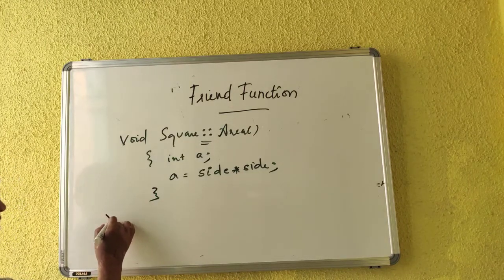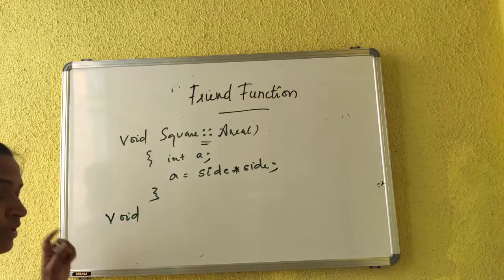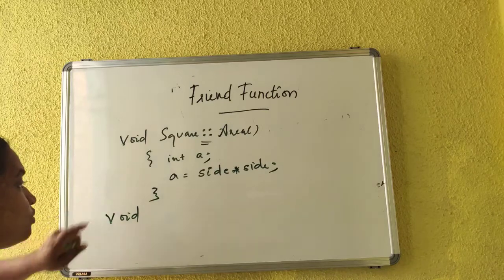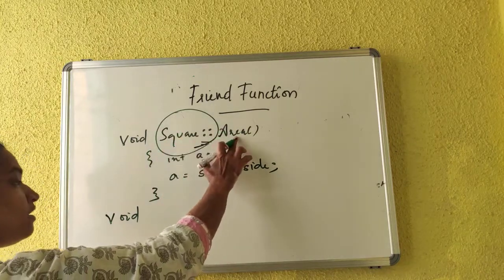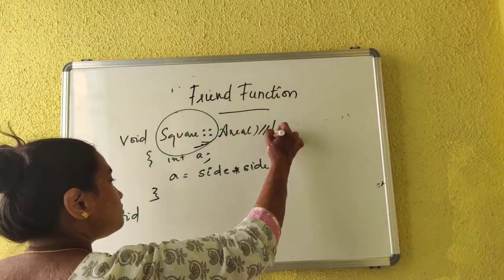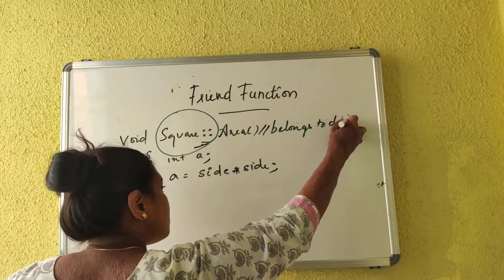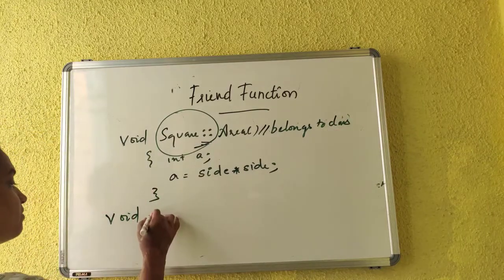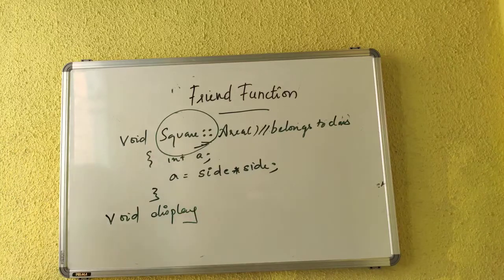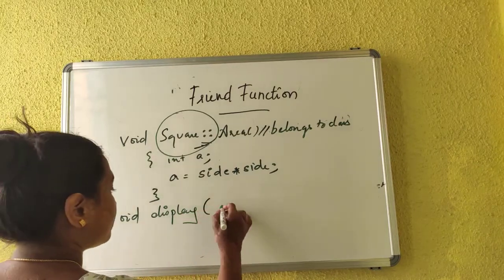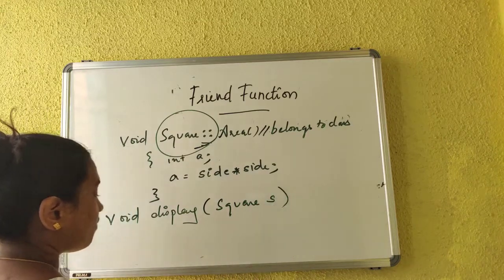Now let me write the function display. Display is a friend function. As I told you, it doesn't belong to the class, so you need not use the class name part. That is used when a particular function belongs to the class. But since display doesn't belong to the class, you will not use the class name and the scope resolution operator. Instead, you will write it as a normal function.